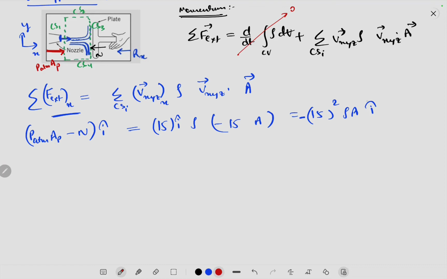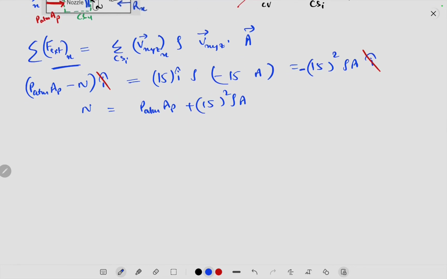Now this i hat will get cancelled out with i hat, and we will get the value of N. So N will be P atmosphere times area of the plate plus 15 squared rho A. I have taken N this side and this term this side, so this term going this side will become positive, and minus N going this side will become positive, and that's why it is like this. So this is our normal reaction.